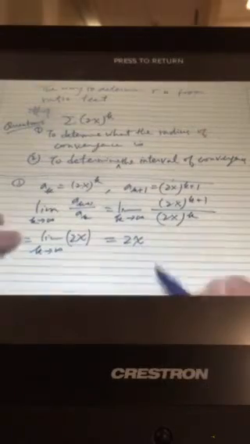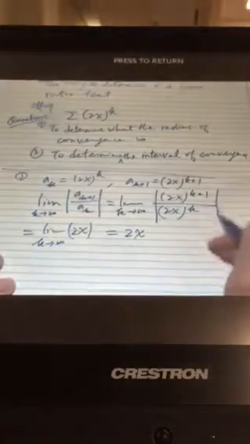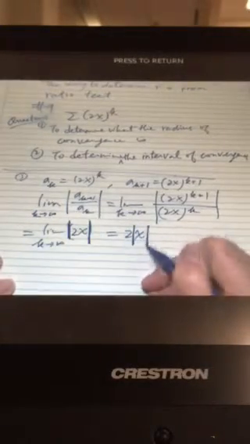So this is 2x, and I put the absolute value here.